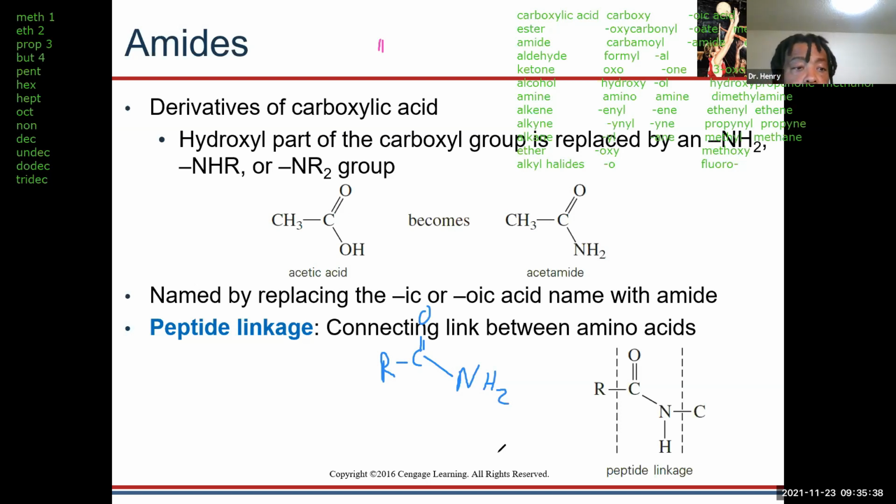When we talk about amino acids, this is the other end of the amino acid. We have a carboxyl group on one side, the C terminal end, and then we have an amine group on the other side.